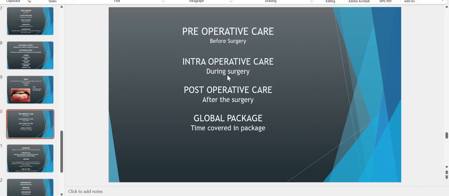Intraoperative care means what the physician does during surgery. Post-operative care means if the physician is doing something after the surgery, that is known as post-operative care. And the global package is the time covered between the pre-, intra- and post-operative care, that is a global package.